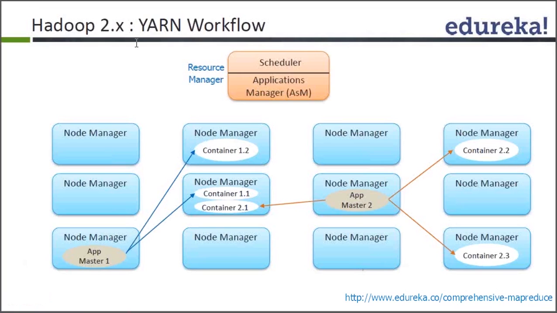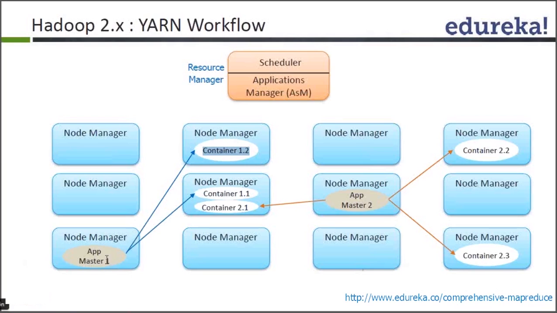So if you look at the screen over here, you have got the resource manager. There are two parts, right? I told you, applications manager and scheduler. The resource manager would, for the first job, create a container for the application master. Let's say the nodes are 1, 2, 3, 4, 5, 6, 7, 8, 9, 10, 11, 12 top down.